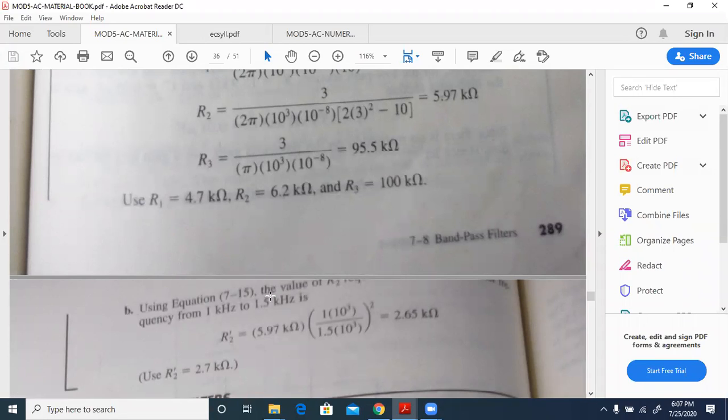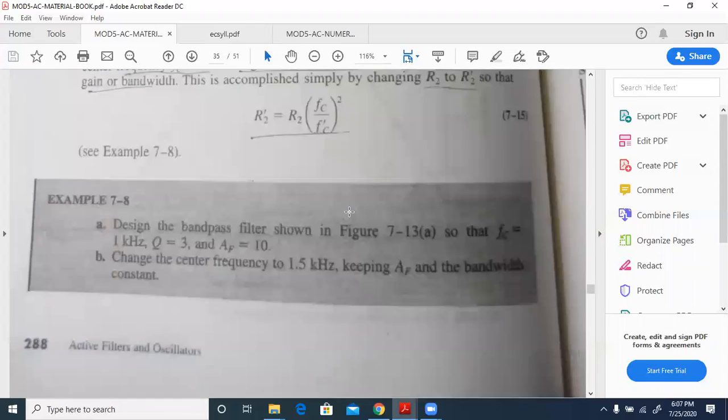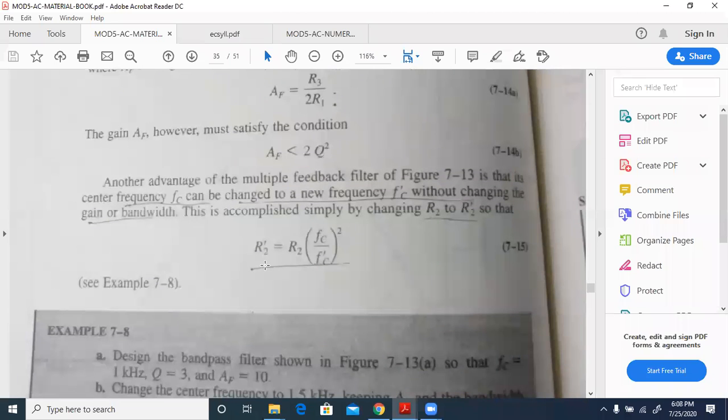Then using equation 7.15, the value of R2 dash is to be calculated so that the center frequency changes from 1 to 1.5. R2 dash will be equal to R2 multiplied by FC by FC dash whole square.